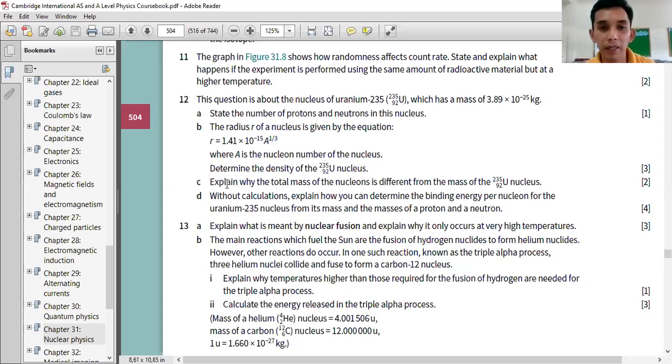And for D, without calculations, explain how you can determine the binding energy per nucleon for the uranium-235. It's easy because you can use delta E equal to mc squared here, of course. But before you use this formula, what things should you know first?